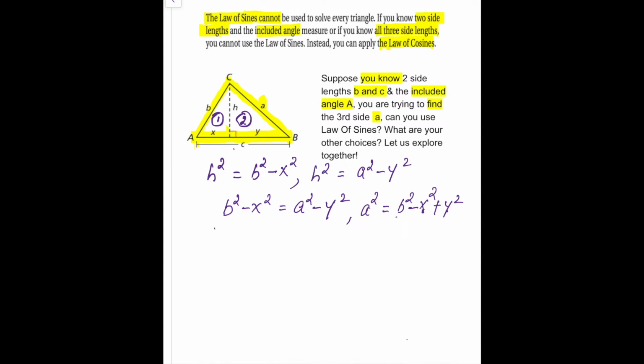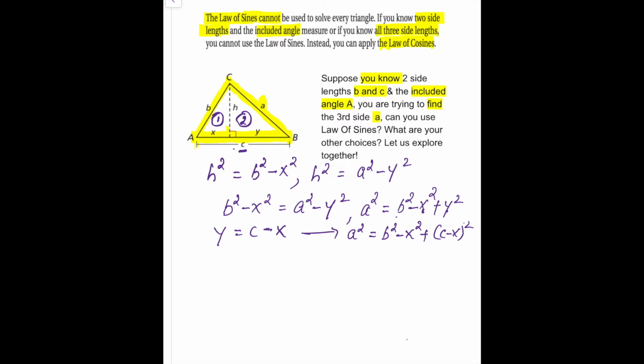So let's replace y with c minus x. From the triangle you can see y is equal to c minus x. So the equation becomes a squared equal to b squared minus x squared plus, instead of y, we substitute c minus x to the second power.